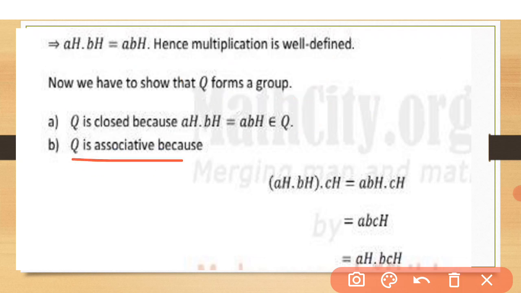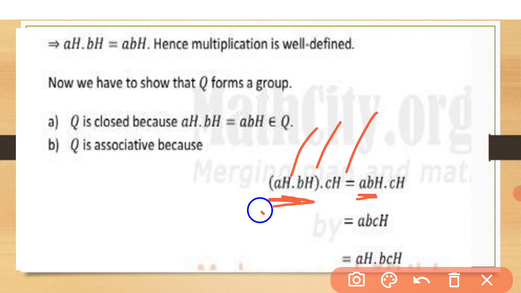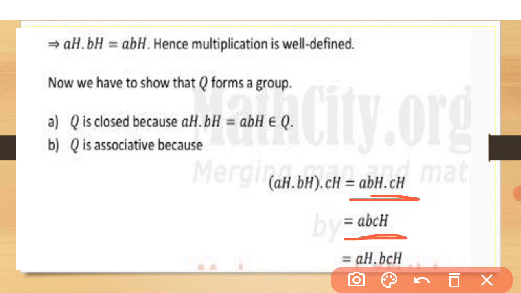Second is Q is associative. So apply all three, take three left cosets AH dot BH dot CH. We know that two left cosets make another left coset. By these two we get ABH, it is a left coset, and now we have two left cosets. Again applying that formula we get again a left coset. So now separate A from BC by reverse process.